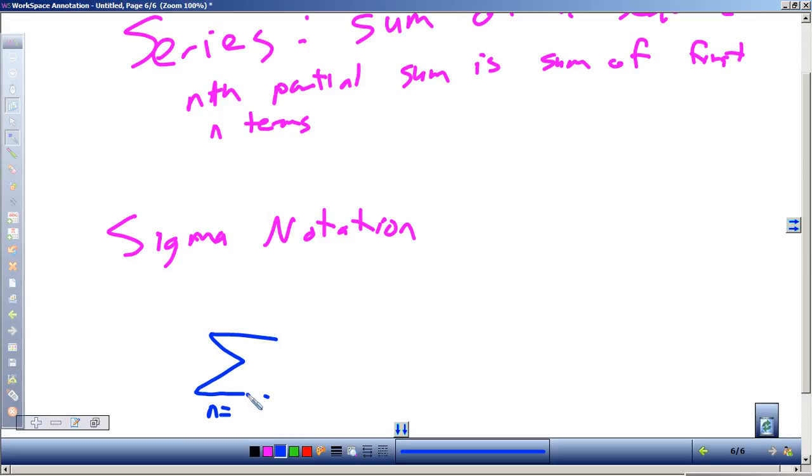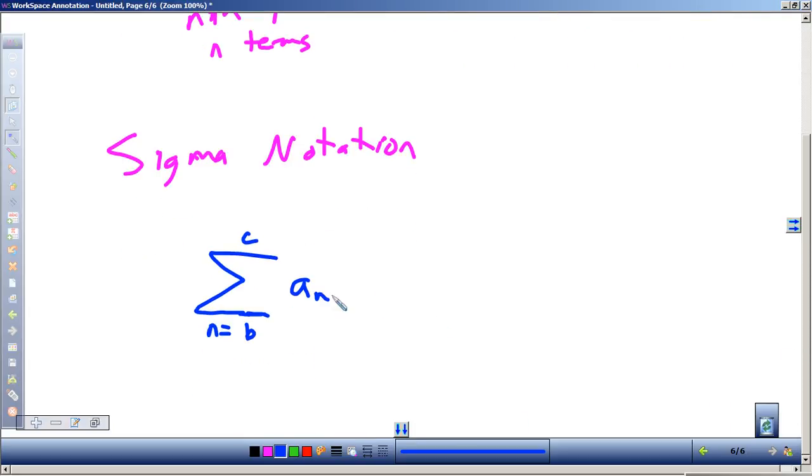So this is sigma notation, with b at the bottom and c at the top. What this means is we're going to take a sub n, and start at a sub b plus a sub b plus 1 plus a sub b plus 2, all the way until we get a sub c.